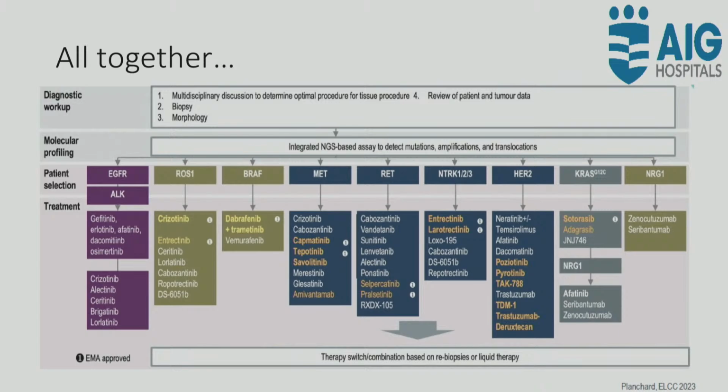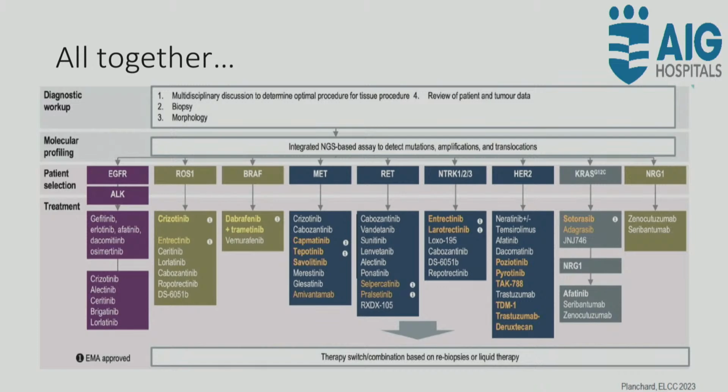Once we have identified which is the driver, look at this series of molecules which are available. Not that all of them have equivalent efficacy. There are ifs and buts in all that, but we sit together, look at the molecular profiling report, and then try to take a decision on which particular targeted therapy we are going to subject this patient to.